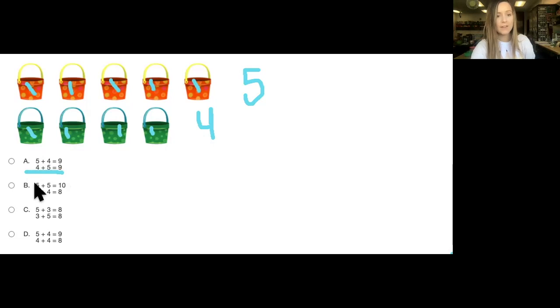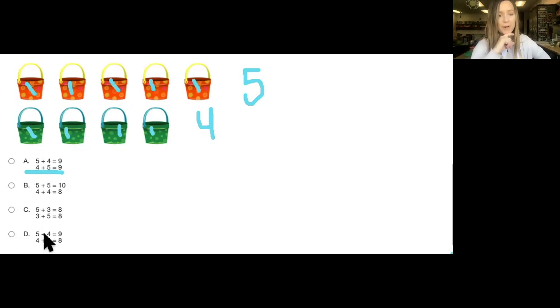Let's look at B, 5 plus 5. Well, that's not right. My groups are 5 and 4. This can't be right. Let's look at C, 5 plus 3. No, we said it's 5 plus 4. C can't be right either. Let's look at our last one. 5 plus 4.